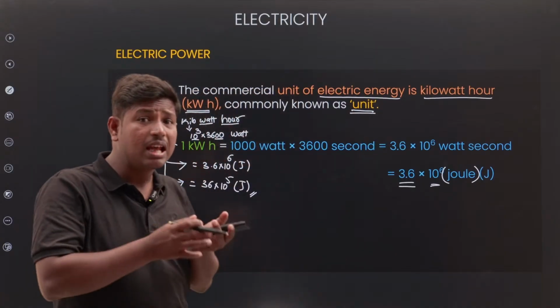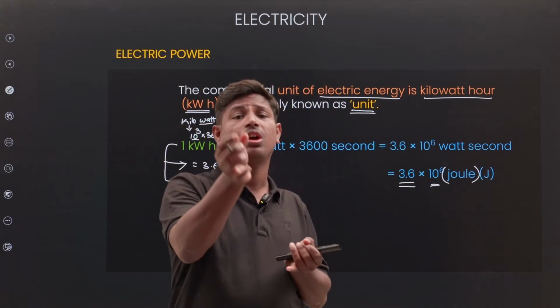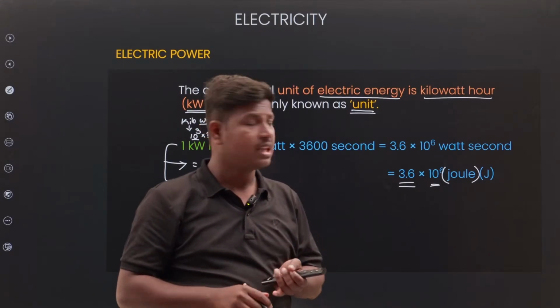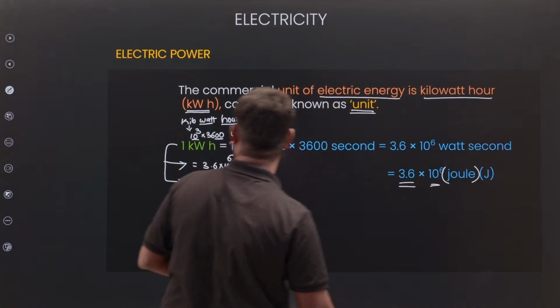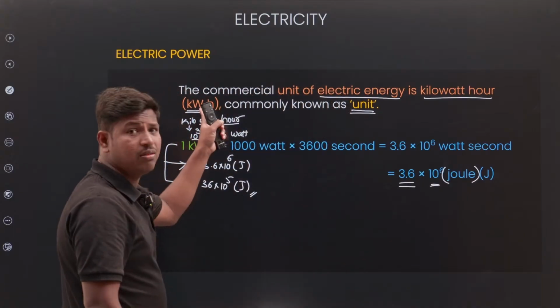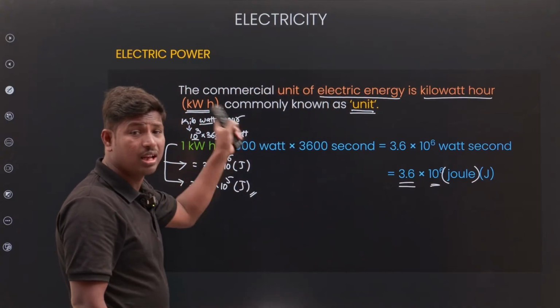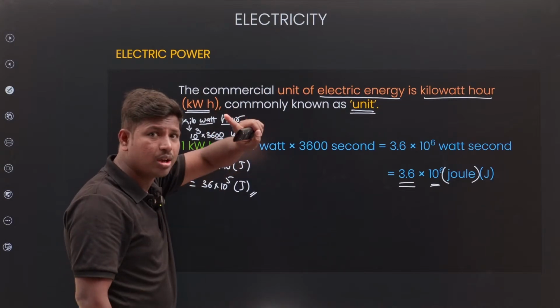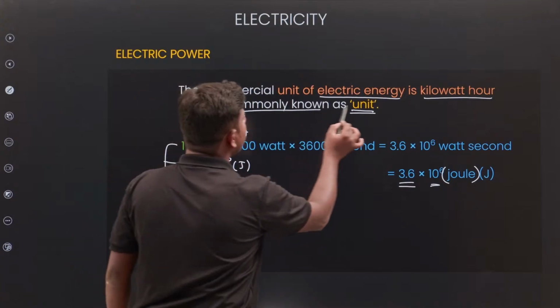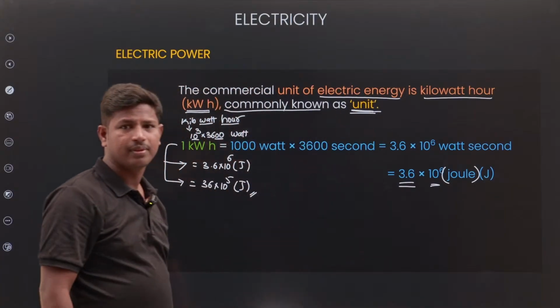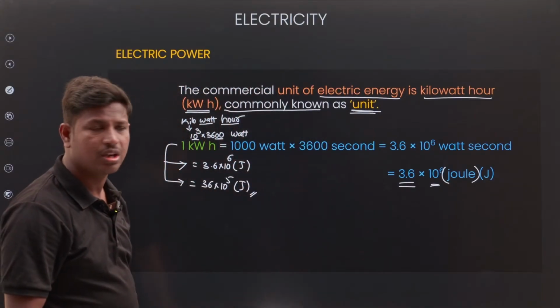Whenever kWh is there, you can take 1 unit. That means 3.6 times 10 to the power 6 joules. The kWh value we use for 1 unit. Kilowatt hour is commonly known as a unit.